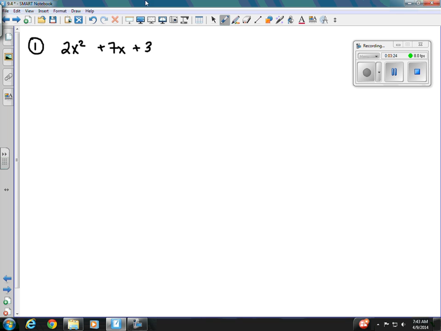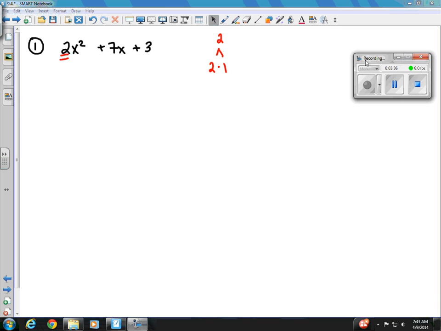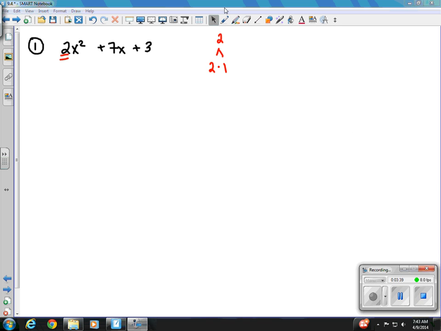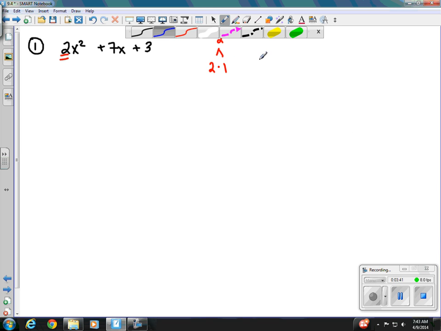Step 3 is to find factors of our leading coefficient. So we have a 2 here. And 2 is a prime number, which means the only thing that can make 2 are just 2 and 1. Alright, then step 4, we then find our 2 numbers that multiply to our last. Our last number here is 3. And that add to our middle.